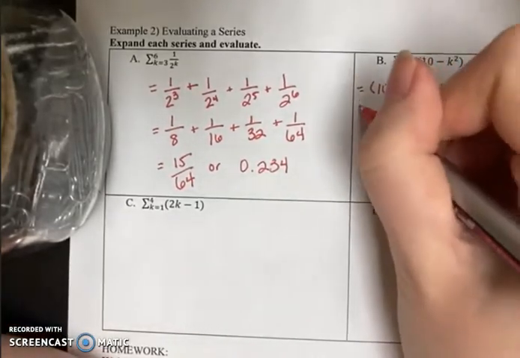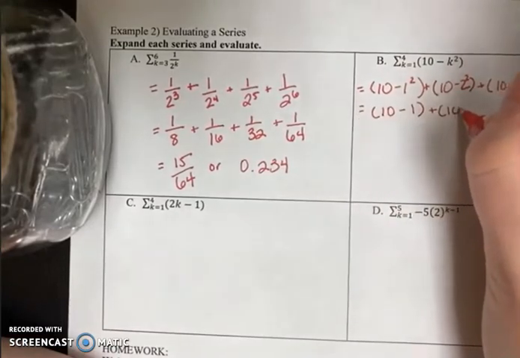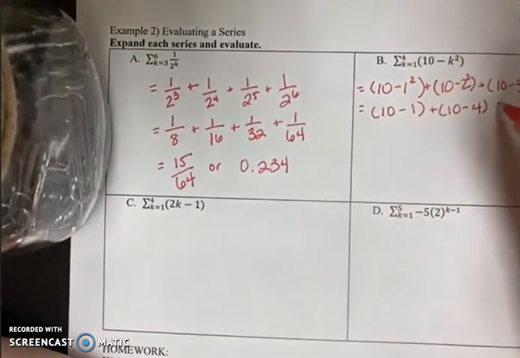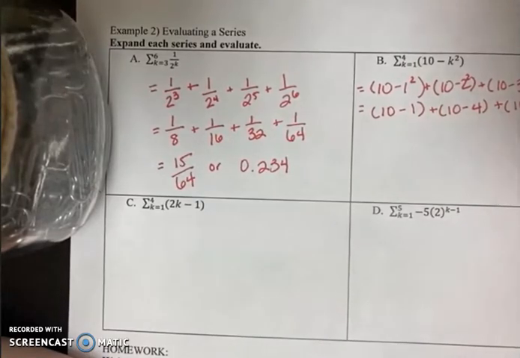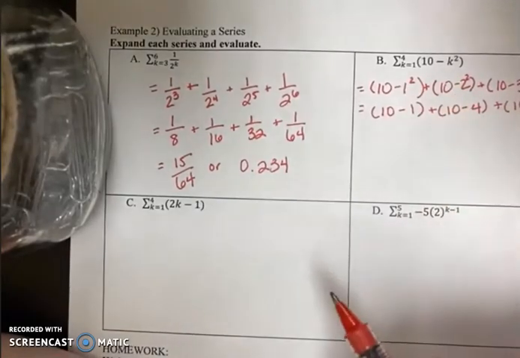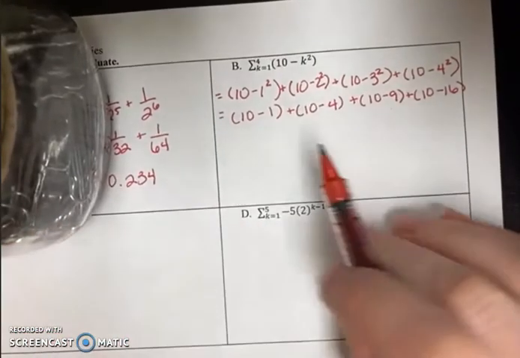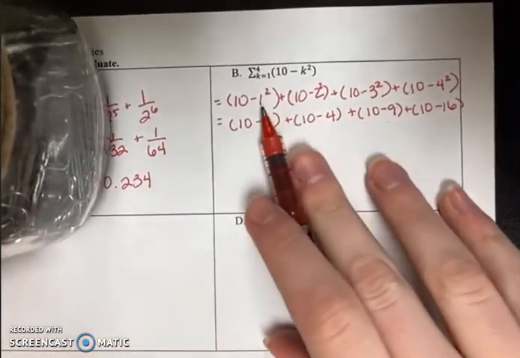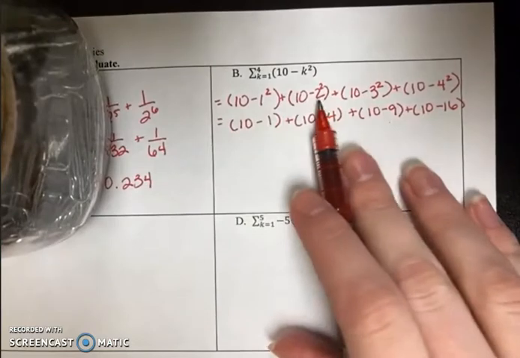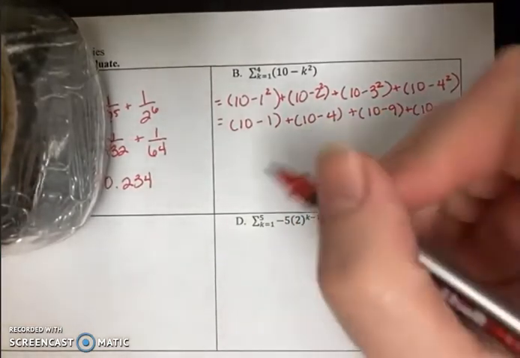So now what I really have here is 10 minus 1 squared is 1, plus 10 minus 2 squared, which is 4, plus 10 minus 3 squared, which is 9, plus 10 minus 4 squared, which is 16. So those squares only belonged to the, oh, sorry, I didn't realize you couldn't see it. Those squares only belong to the numbers in the second term of the parentheses.